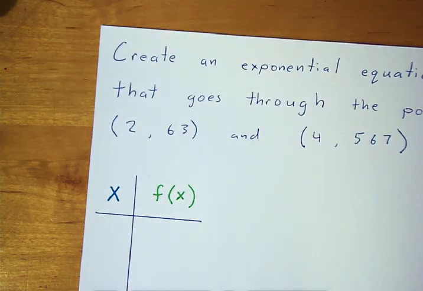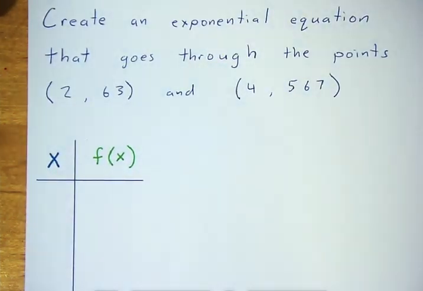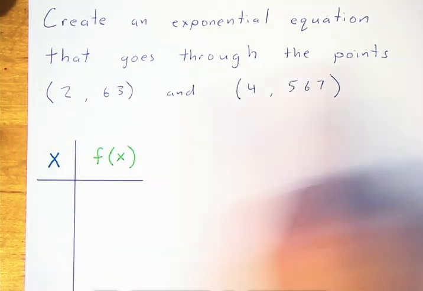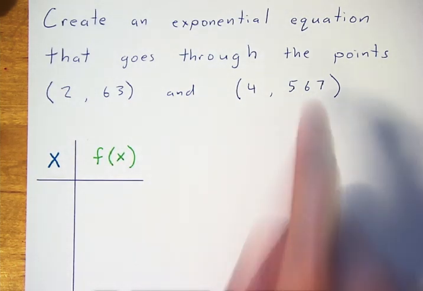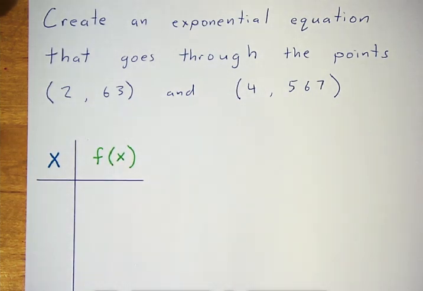Let's do another example, but with fewer points. So let's say you're asked to create an exponential equation that goes through the points (2, 63) and (4, 567).